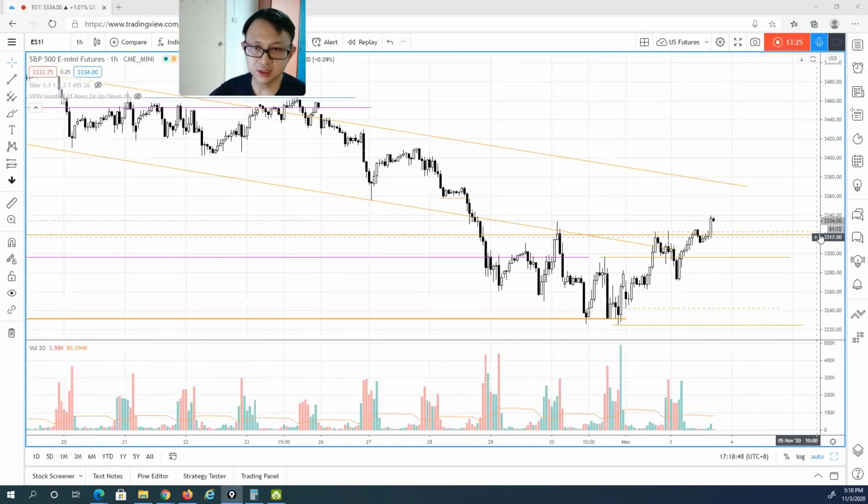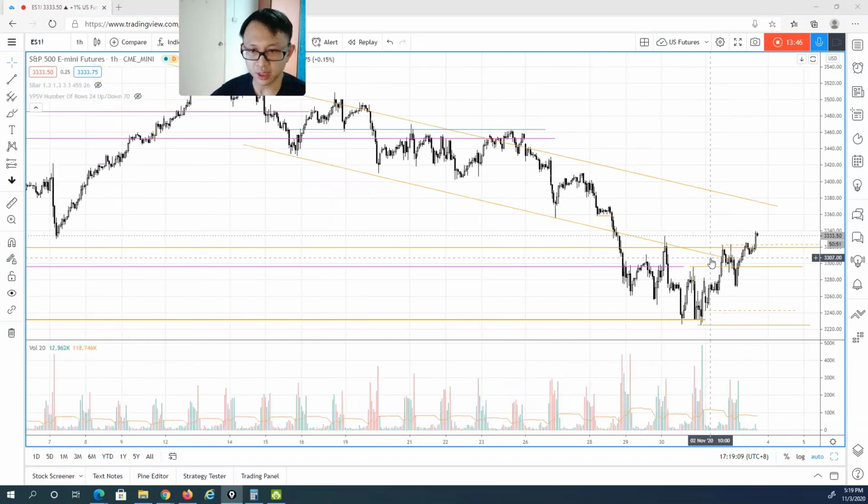If we take the 3300 level, 5% will be around 150 points, or slightly more, 180 points. So plus and minus 150 points, we can probably expect a break below the 3200 level.